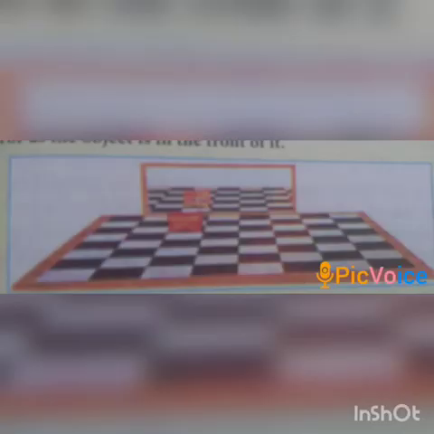So, students, to study the characteristics of an image formed by a plane mirror, we will do a small activity. For this activity, we will take a graph paper and fix it on the drawing board or a thick cardboard piece. We will draw a thick line in the middle of the graph paper, and we will hold the plane mirror strip vertically on this line using a wooden groove or some molding clay.